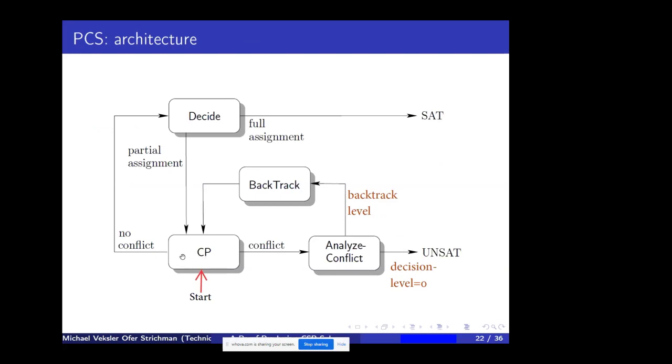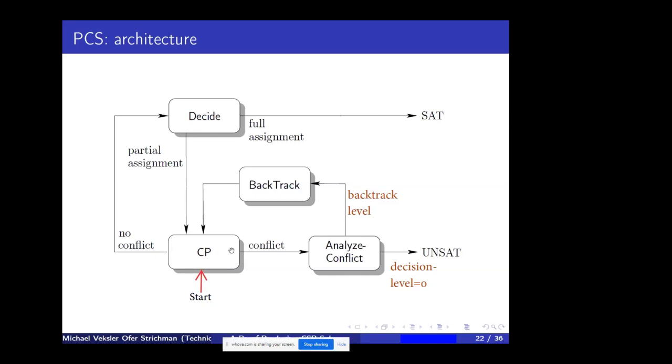If this propagation ended well without a conflict, then you go ahead and make a decision for a variable that did not have a value so far. If all the variables have a value, then you're done. The formula is satisfiable. Otherwise, you go back to constraint propagation with the new value.